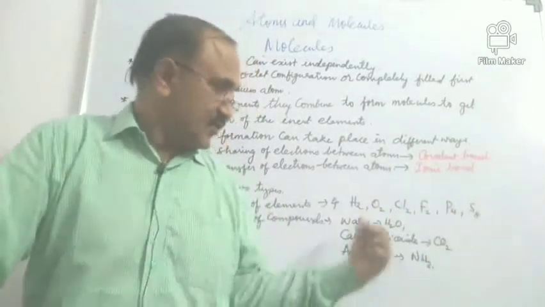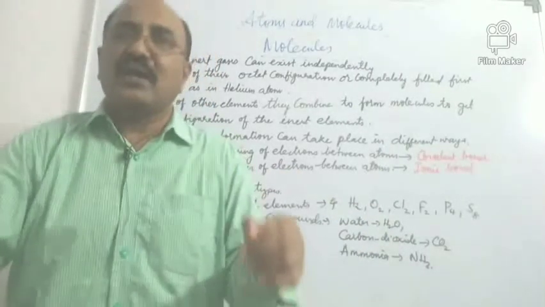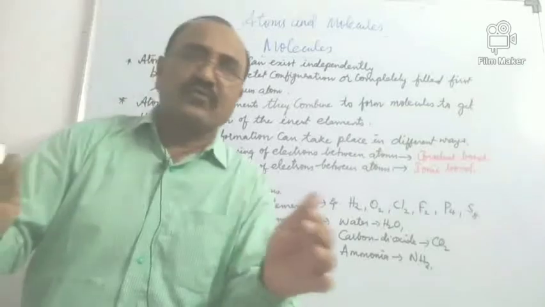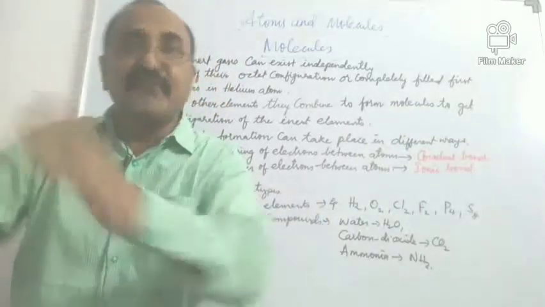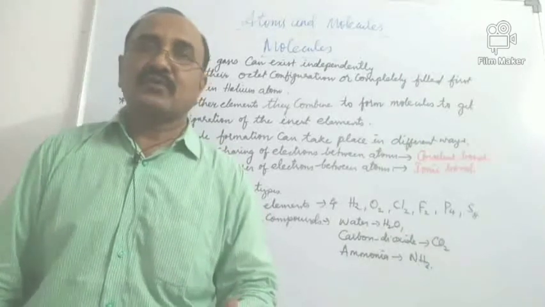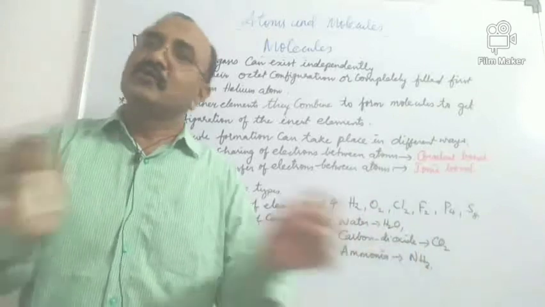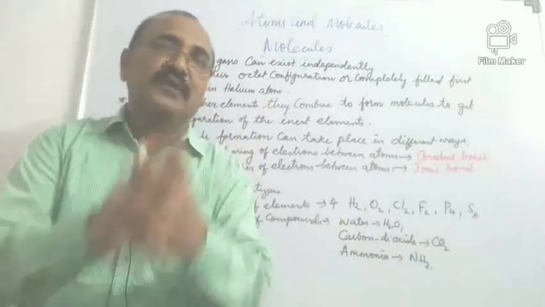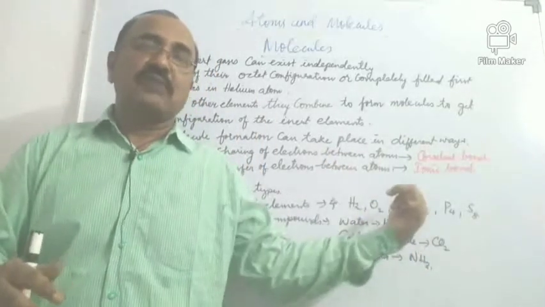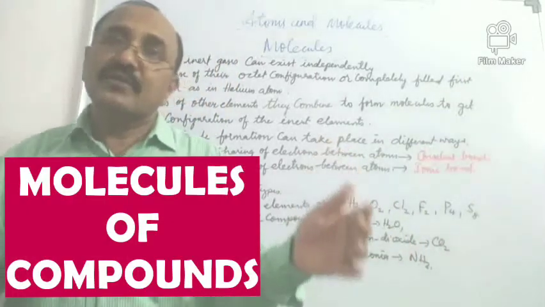And the next one you can see is molecules of compounds. How are these molecules of compounds formed? Atoms of different elements combine to form molecules of compounds. Here atoms of the same element are combining, so they are molecules of elements. And here the molecules are formed by the combination of atoms of different elements.